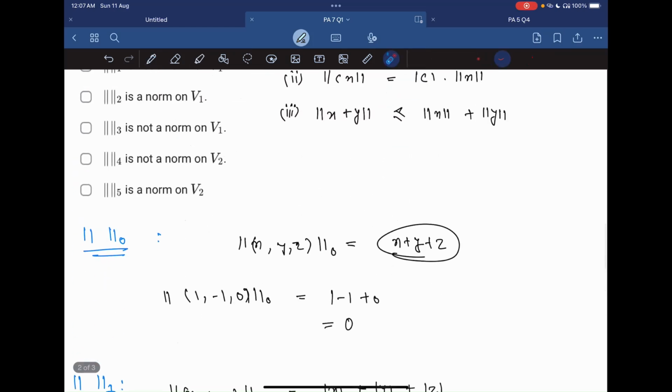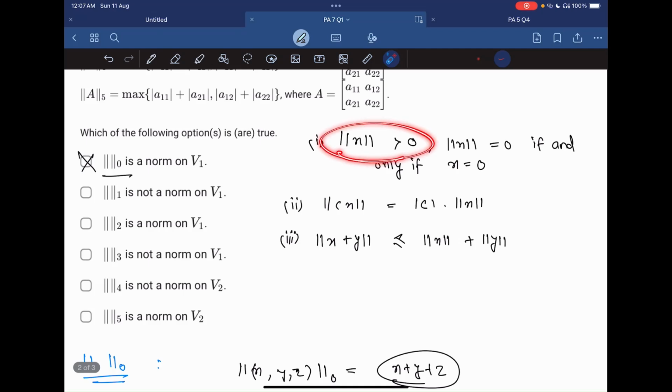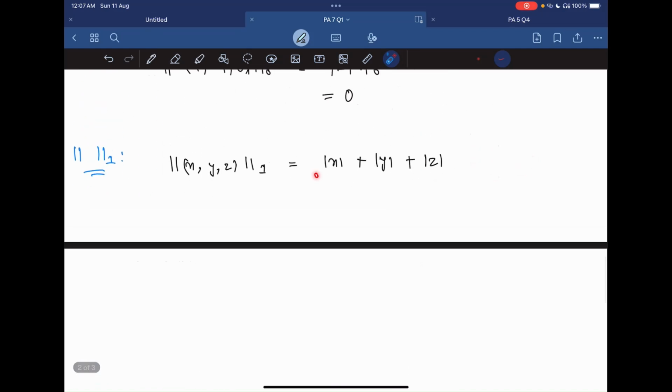So first of all, the first condition, that is, for this to be a norm, the function should be greater than 0 and will only be 0 when our vector itself is 0. So as we are taking the sum of the absolute values, this quantity can never be less than 0. And as all these values would be positive, summing up three positive values can only turn out to be 0 when each of them, that is mod of x, mod of y, mod of z, corresponds to 0. And that means we will get 0 only if our vector itself is 0.